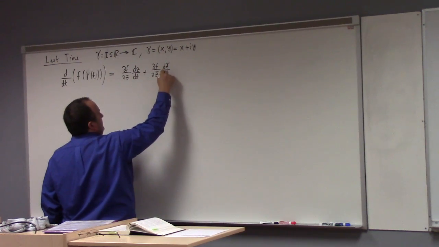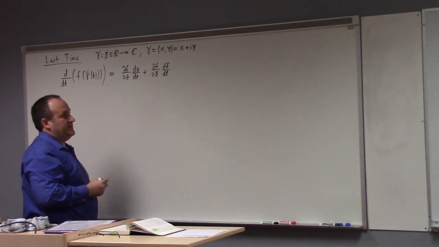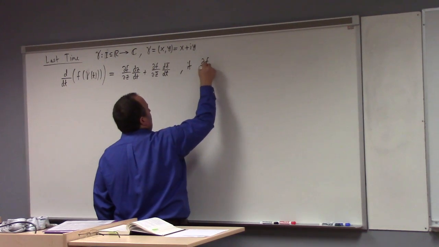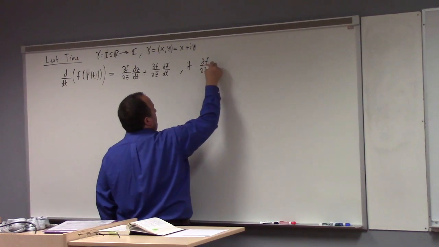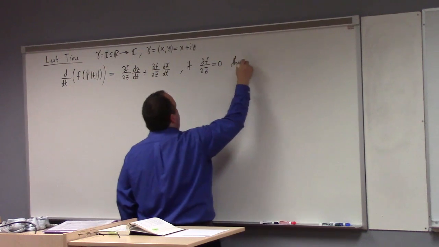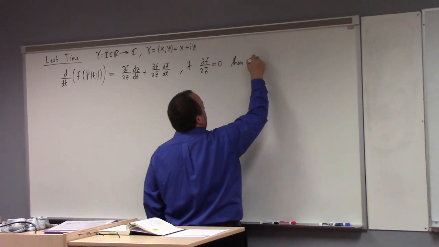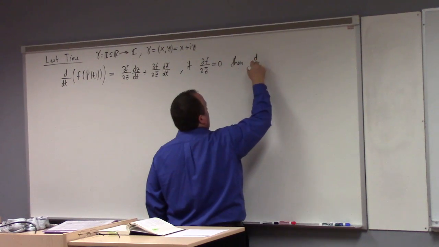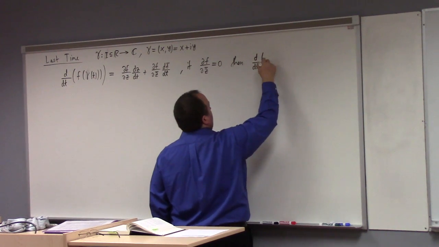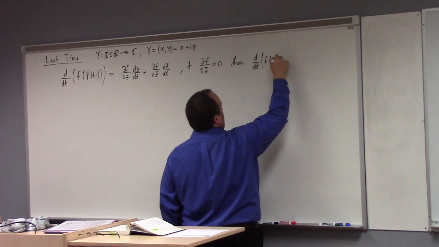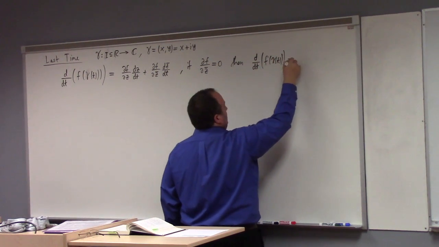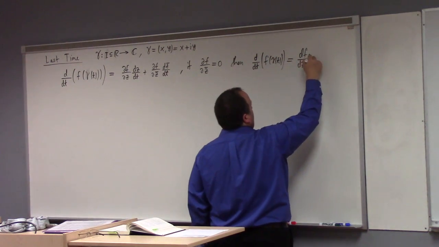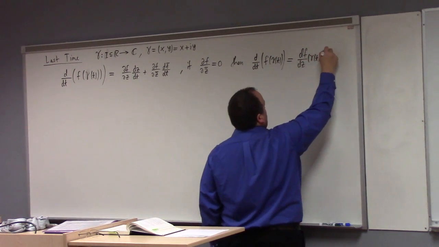So I looked at the details of that, and we said, okay, if partial f partial z bar is equal to 0, then we have this wonderful formula that the derivative with respect to time of f of gamma of t is simply equal to df dz at gamma of t times d gamma dt.